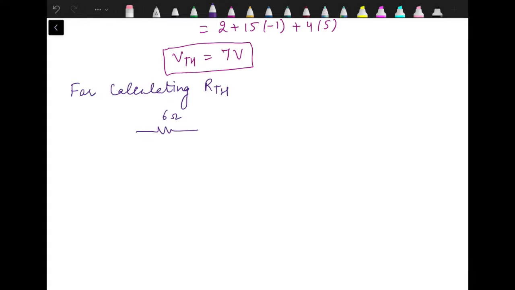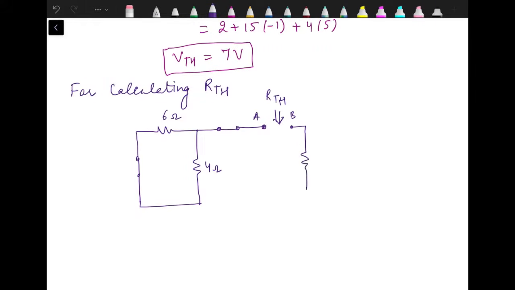Correspondingly, the equivalent circuit now becomes: first source replaced by short circuit, then we have the 4 ohm resistance, then the second source again replaced by short circuit. Here we have the A and B terminals where we need to calculate RTH. Then the 15 ohm resistance. Here we have the 5 ohm resistance, and this voltage source again replaced by short circuit.